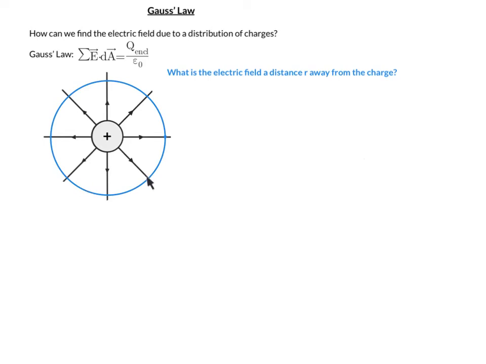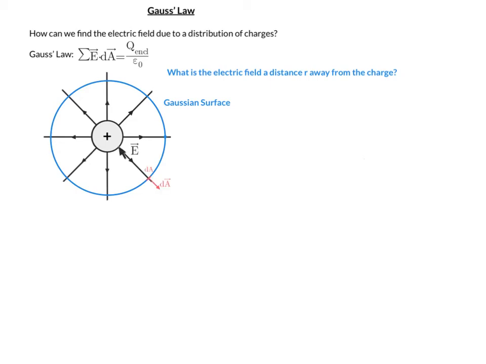And we know that along this surface there will be the same electric field because it's at the same distance r from the charge. So this Gaussian surface will help us remember that we are going to sum over all of the electric fields that cross small little areas along this Gaussian surface.